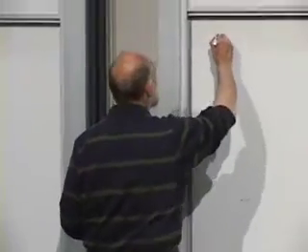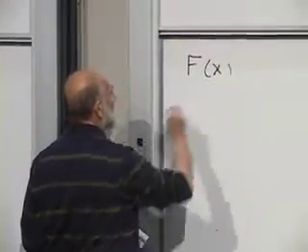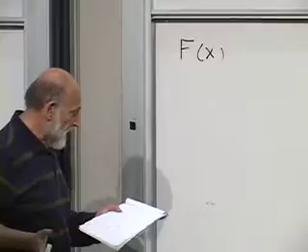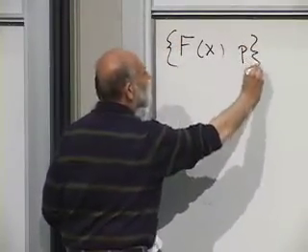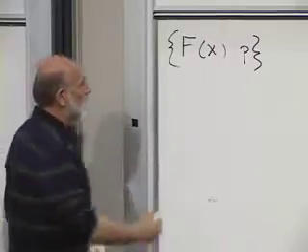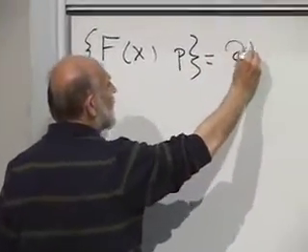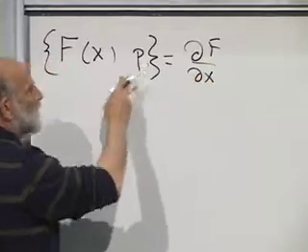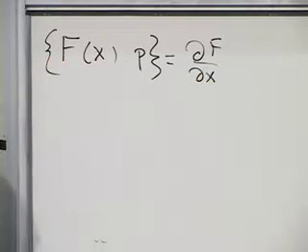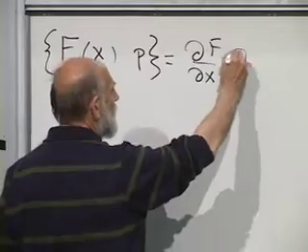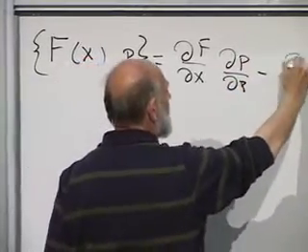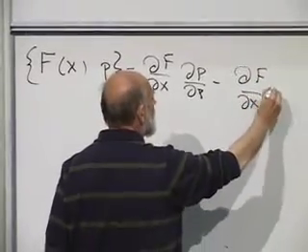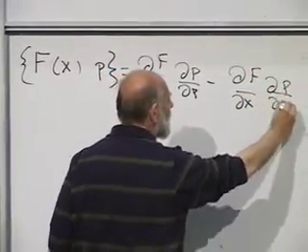Poisson brackets and commutators. So let's start with some function of position. It could be the position itself. And take its Poisson bracket with momentum. The definition of that is df/dx dp/dp, but that's just one. Minus df/dp dp/dx.